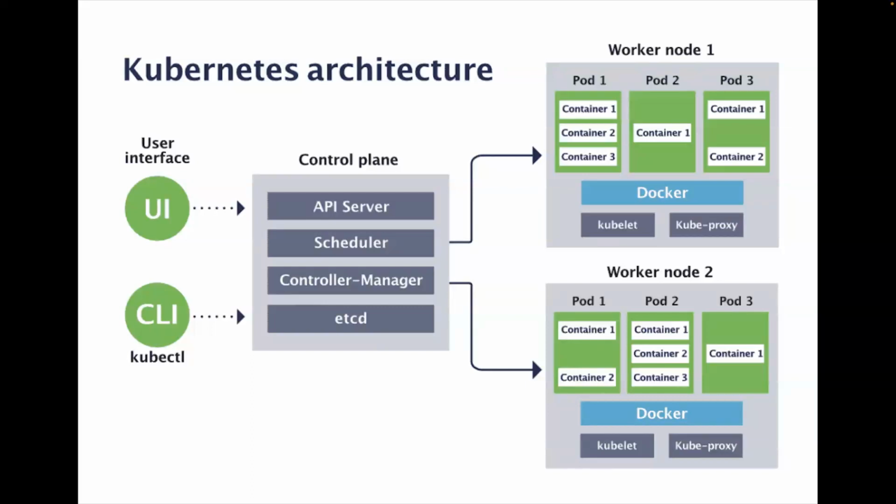A VM or a server where Docker is installed and running. So this is a group of Docker hosts. And out of these Docker hosts, one would act as the master node, like the manager in Swarm. This is the manager node, and the rest of them are called worker nodes.